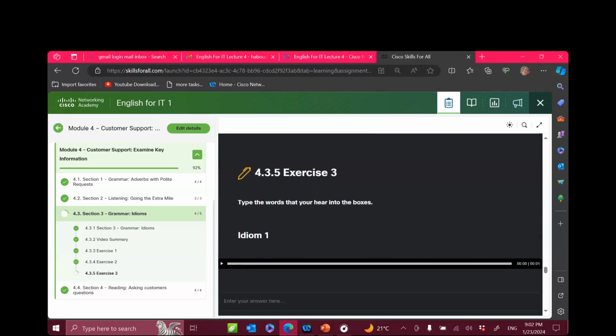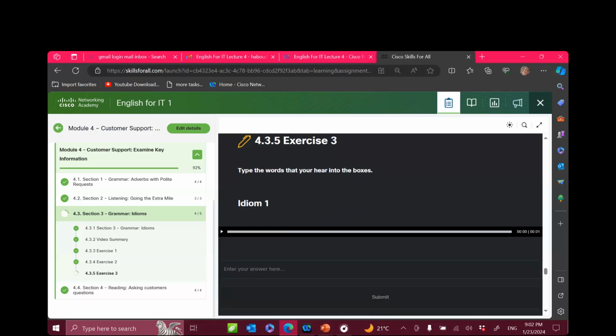Exercise 3, listening. This time I will listen. Type the words that you hear into the boxes. Ready? Keep in mind.